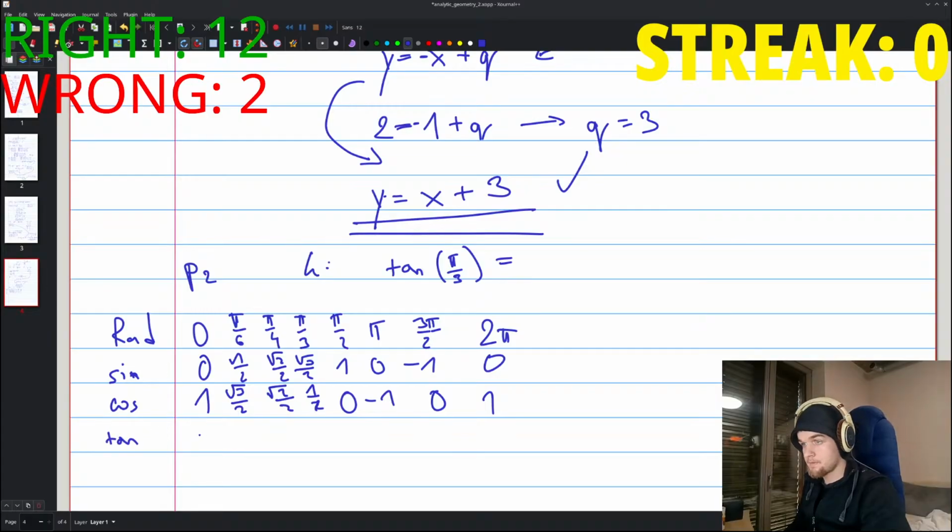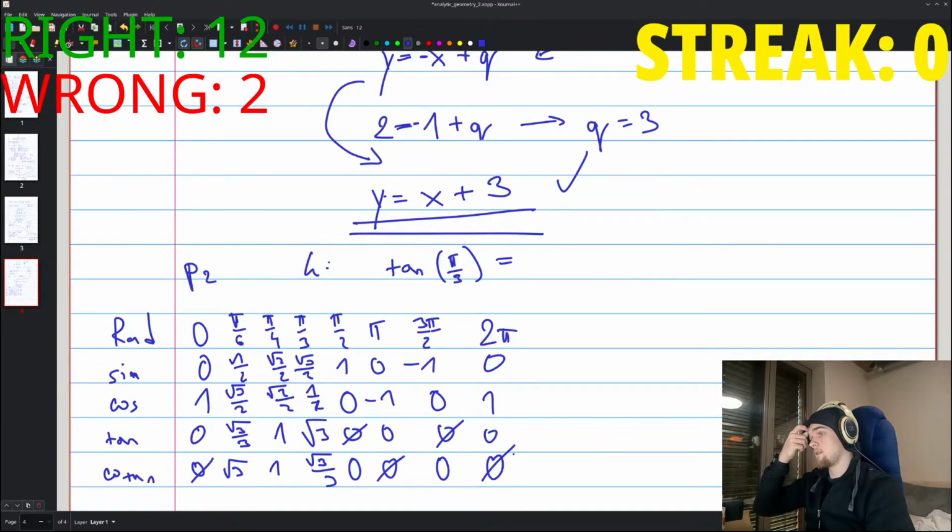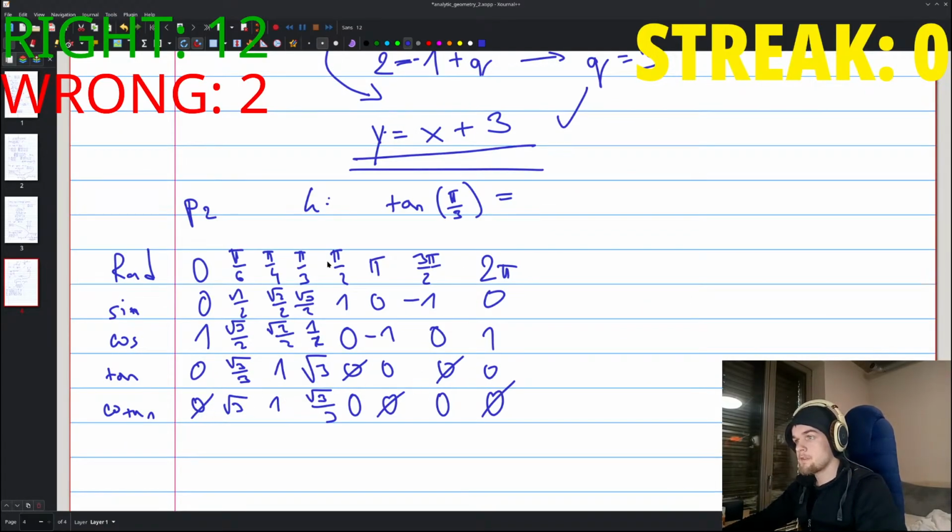We have tangent 0, square root of 3 over 3, 1, square root of 3, not defined, 0, not defined, 0. And finally we have the cotangent, not defined, square root of 3, 1, square root of 3 over 3, 0, not defined, 0, not defined. So this is square root of 3 over 3.